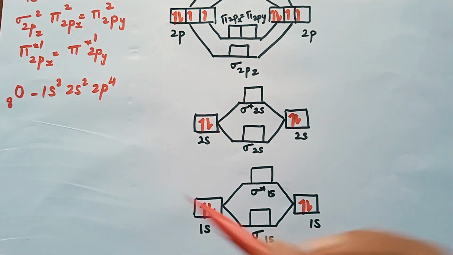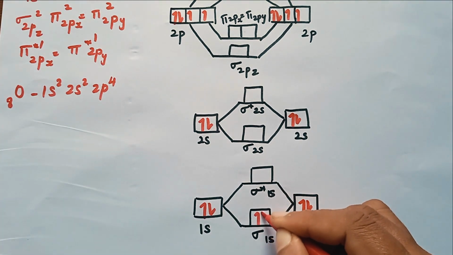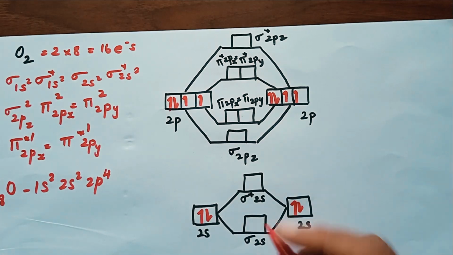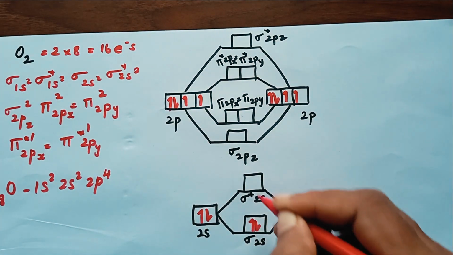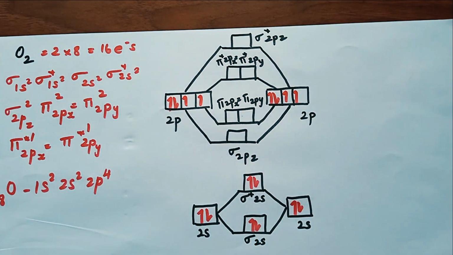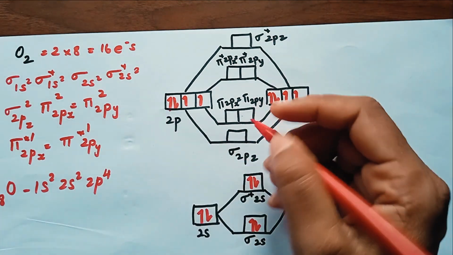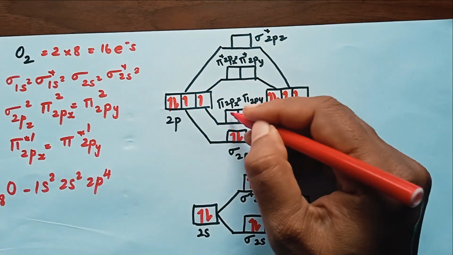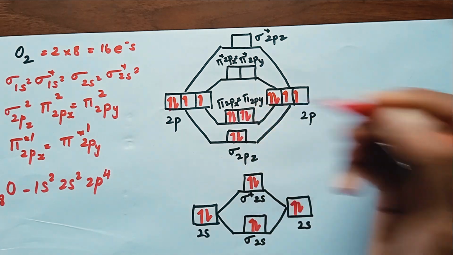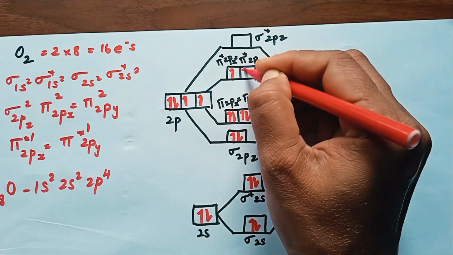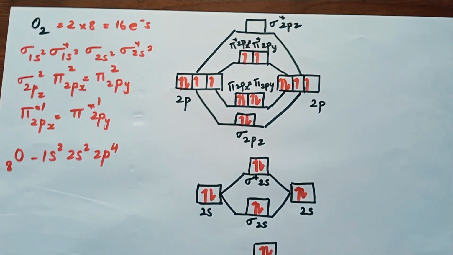Sigma 1s2 first, so 1, 2, 3, 4. Then fill sigma 2s, sigma star 2s. Then sigma 2pz and then pi 2px 2py, then pi star 2px 1 electron, pi star 2py 1 electron.